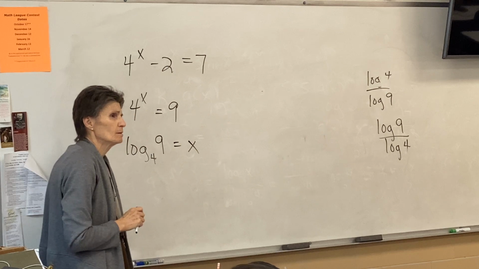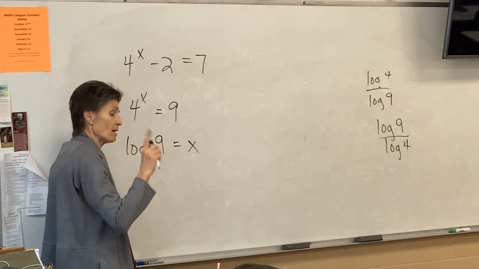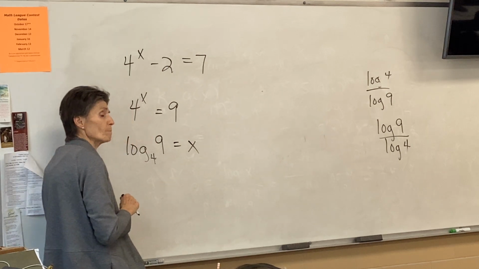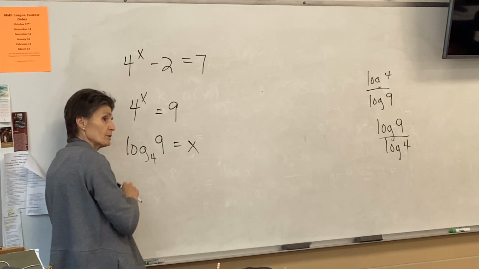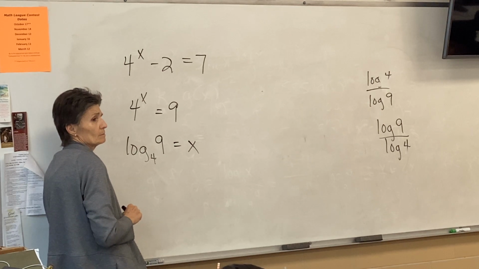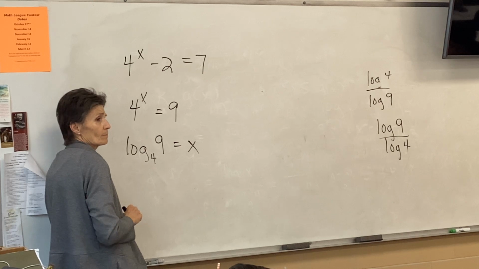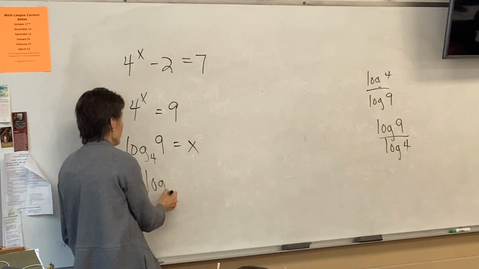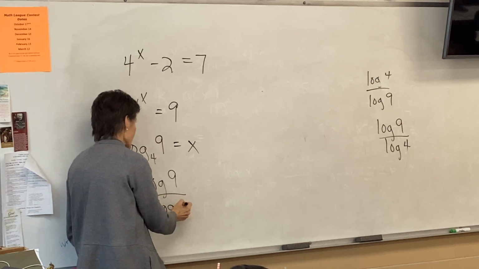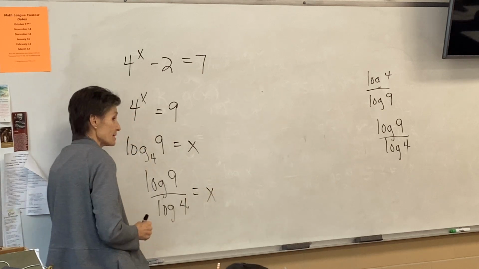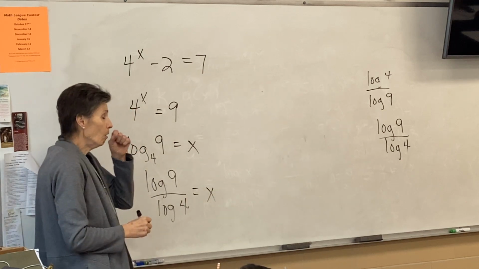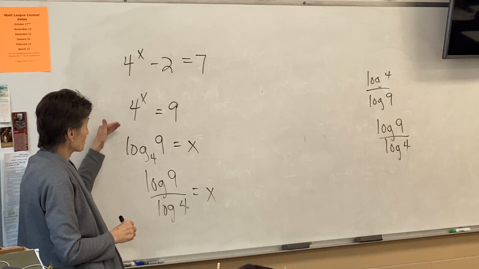Put it in the calculator to figure it out. Well, be careful, it says leave your answer in exact form. So what would we put into our calculator here? Log of 9 over log of 4. Bingo. That is exactly right. Now, this is perfect.